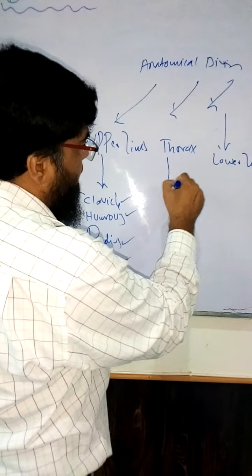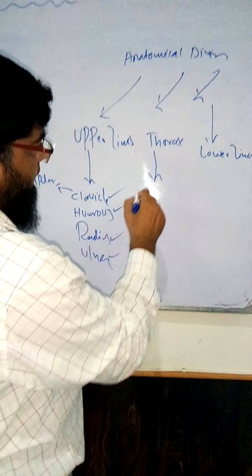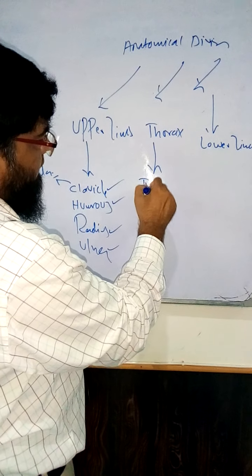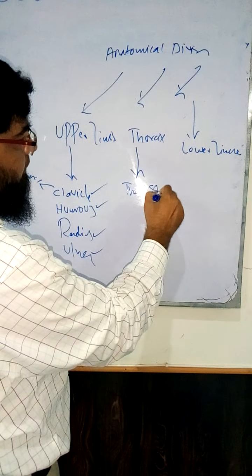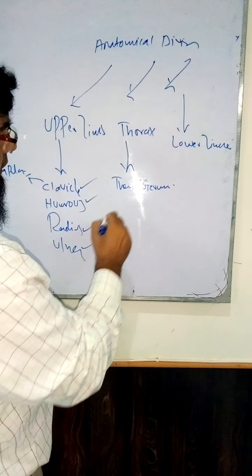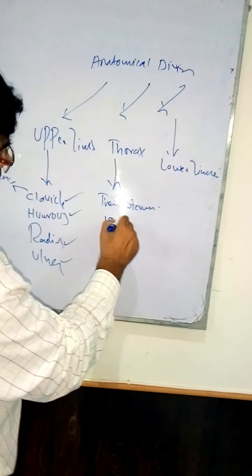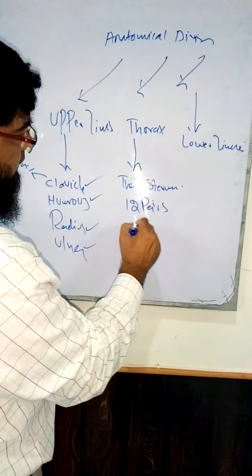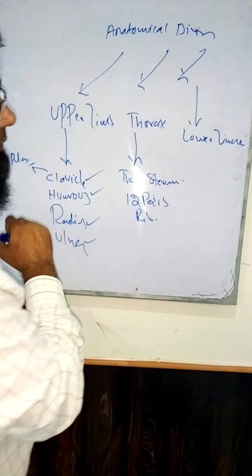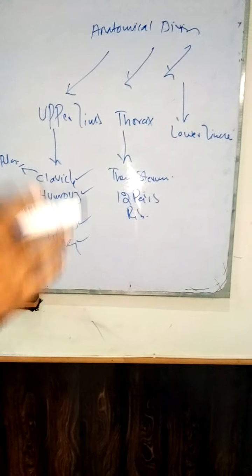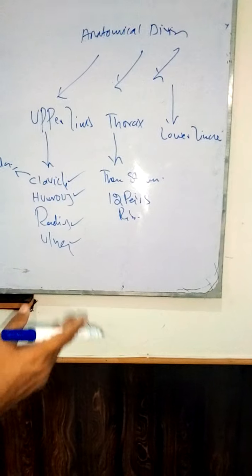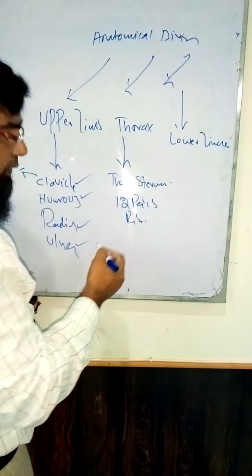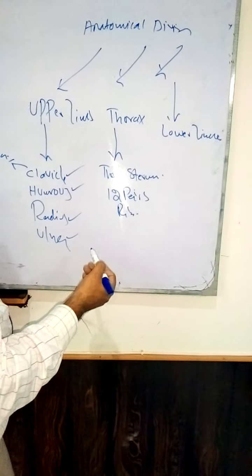Now, if we come to the thorax, there is the sternum and 12 pairs of ribs. There are different types of ribs.